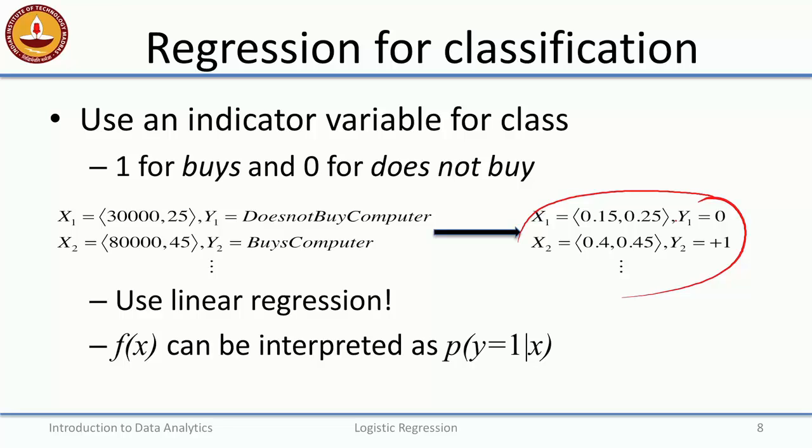Finally, the function that you fit, f of x, can be interpreted as the probability that the output y will be 1 given the data x. That seems like a reasonable way of doing classification. So, whenever the probability is greater than 0.5, you would say that x belongs to class 1, and if the probability is less than 0.5, you will say x belongs to class 0.